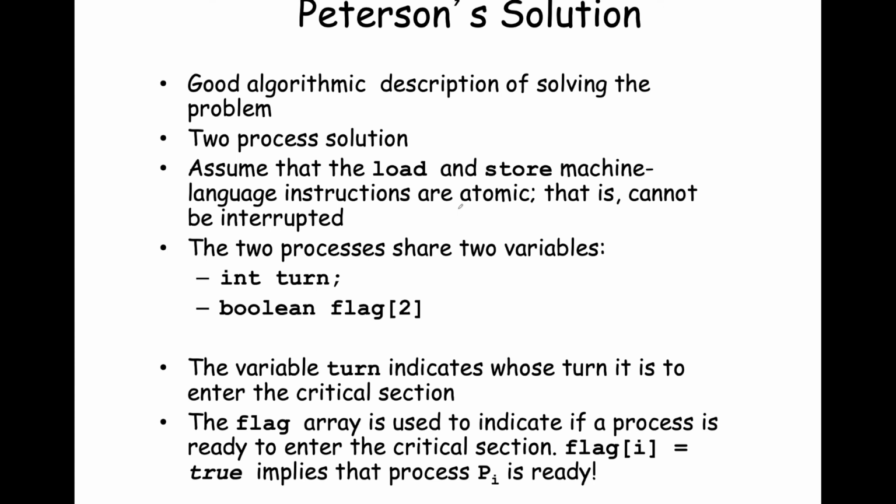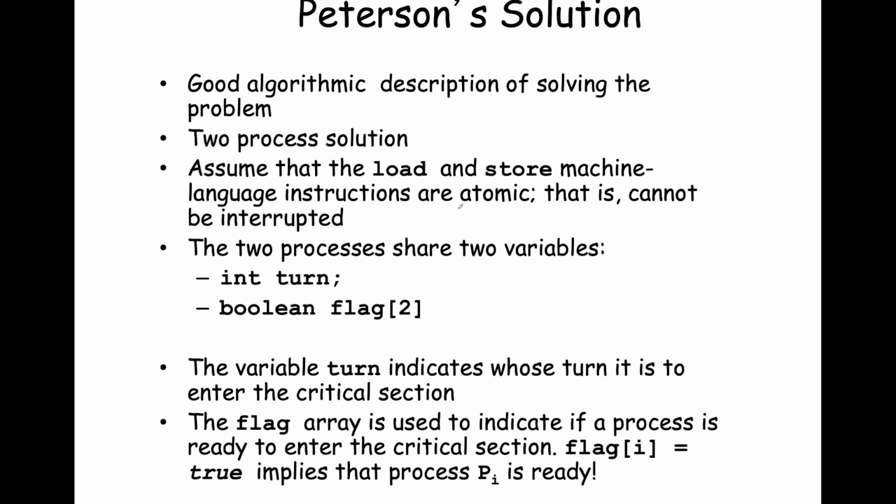So if your quantum of time in round-robin scheduling has been exhausted and you're in the middle of an atomic instruction, that instruction will complete before the preemption occurs. The two processes in Peterson's solution share variables. One is called the turn variable, and it stores an integer describing which particular process should be given the chance to access the critical section.